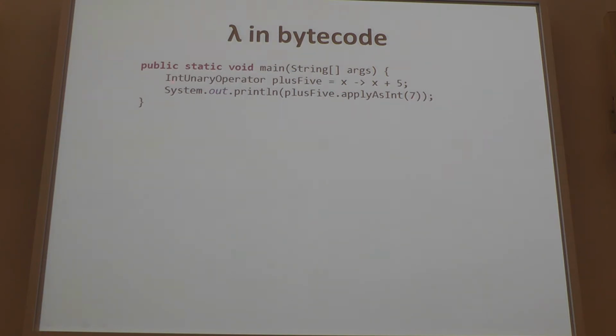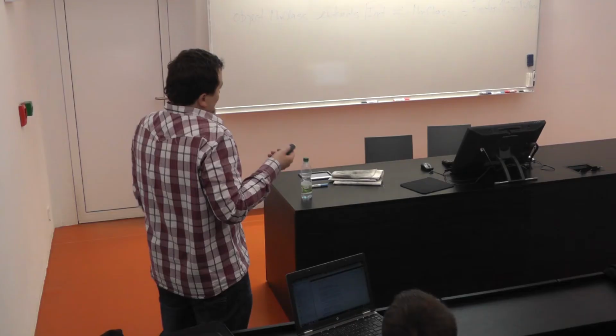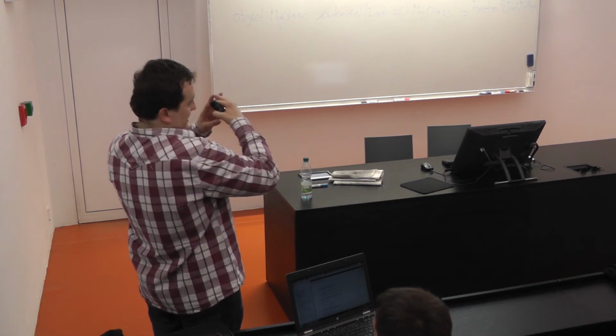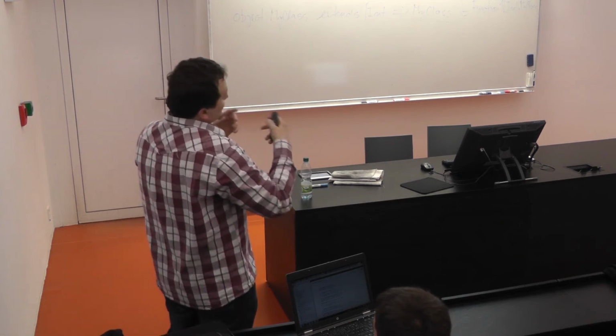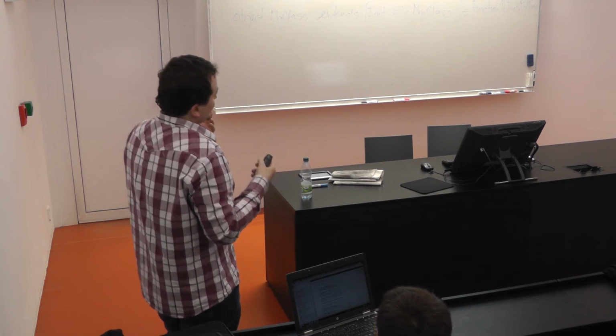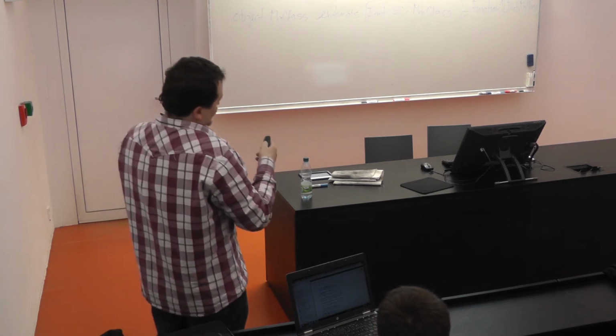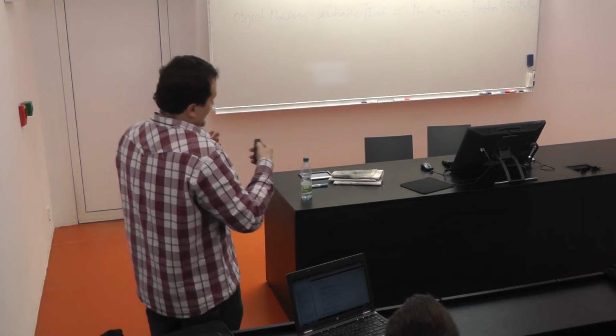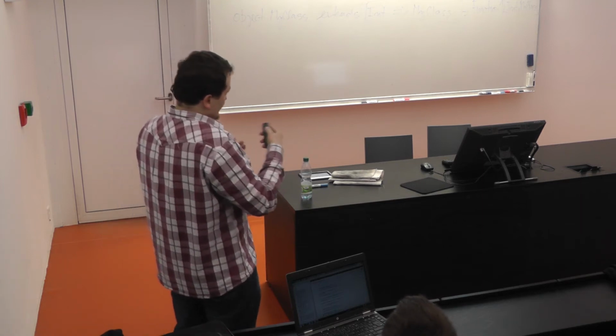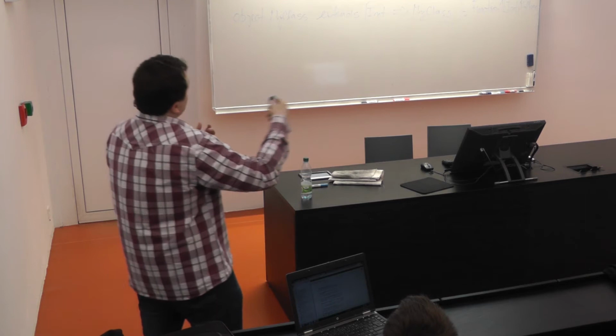You can also assign it to variables, but this has to be a functional interface. Actually, this one is an interface that is defined in the standard JDK 8. As I said, Java 8 doesn't have common supertypes for functions, but there are some common interfaces defined in the JDK, so you don't have to define a new interface every time you want a function that takes an integer and returns another integer.